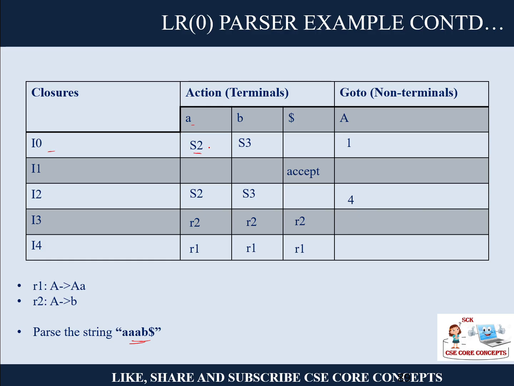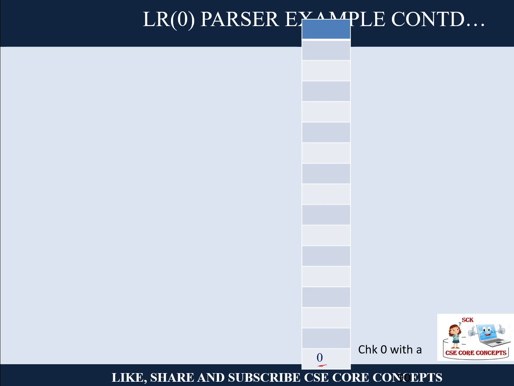S2, right? So you will be moving to closure I2. That means for this small a, you are moving to closure 2. So first you push small a, the string element, and then the closure number where you will be moving.